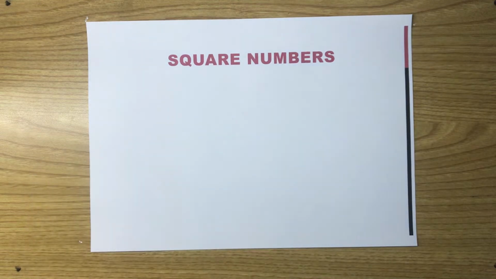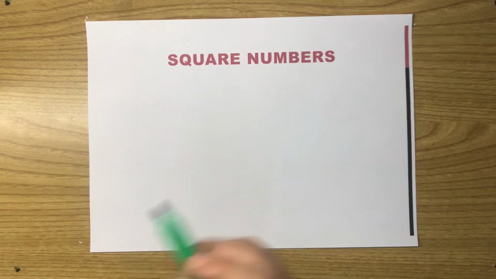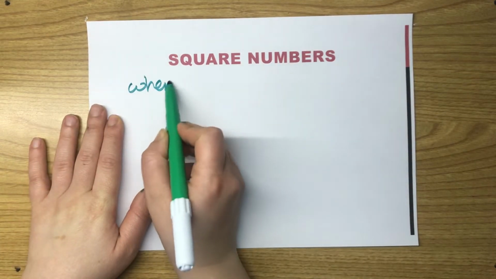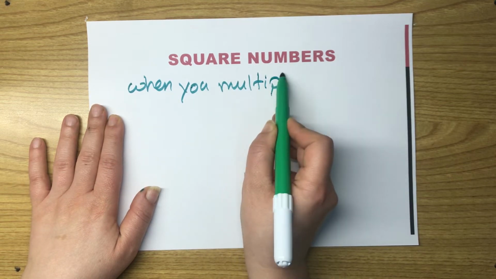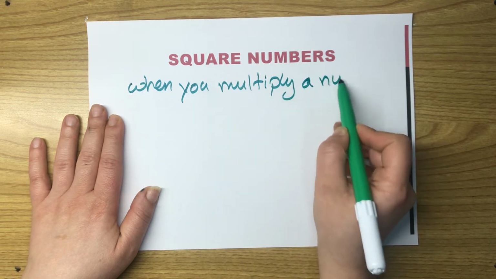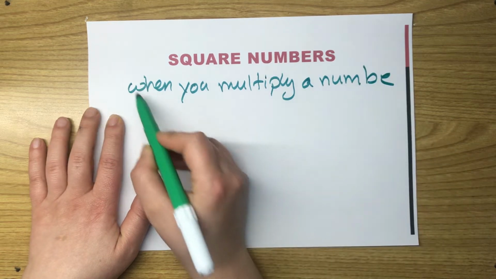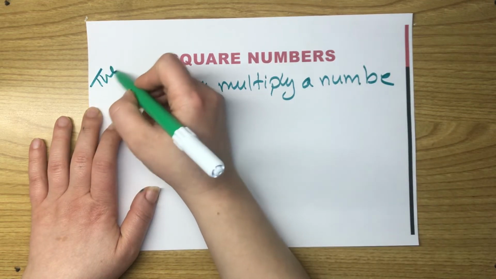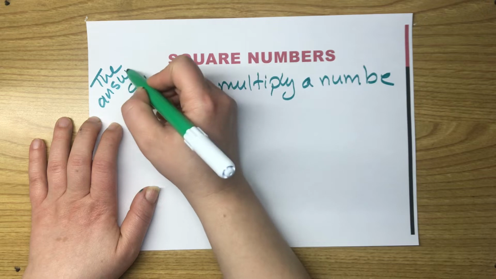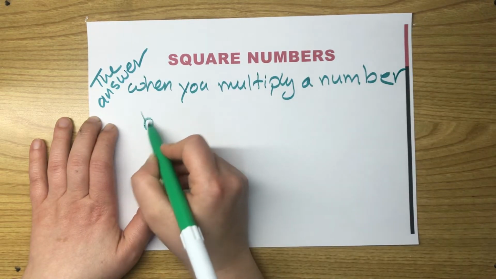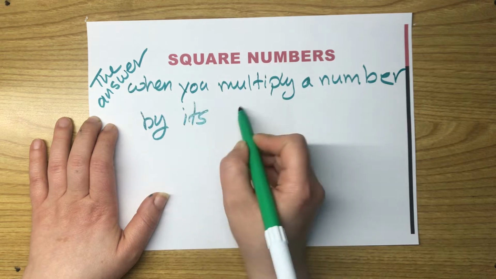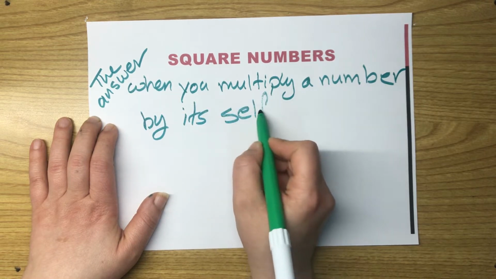Square numbers. What are square numbers, guys? Square numbers are what you get when you multiply a number by itself.